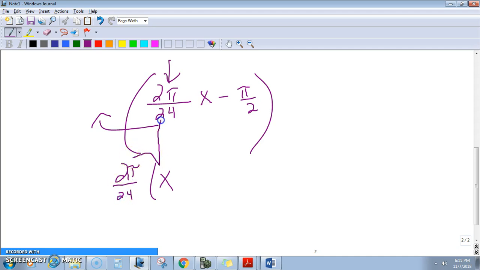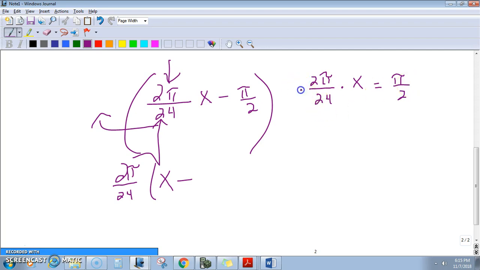Because 2 pi over 24 times x is equal to this, 2 pi over 24 times x, minus, now if I factor out 2 pi over 24 from pi over 2, the question I'm actually asking myself is 2 pi over 24 times what number, question mark, but we use x's in math, times what number is pi over 2, right?